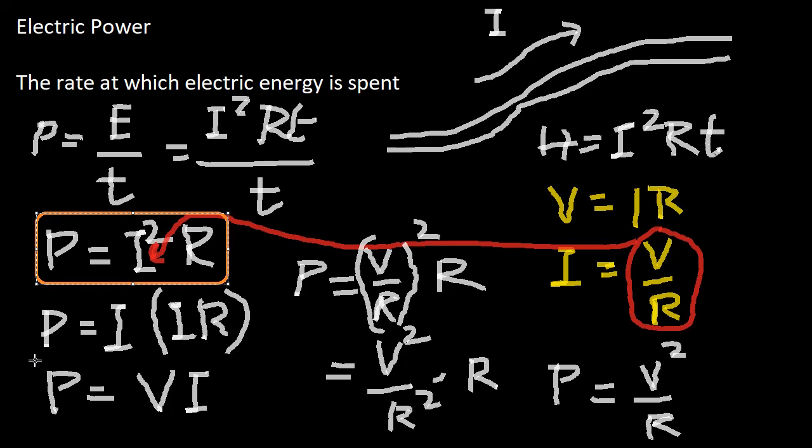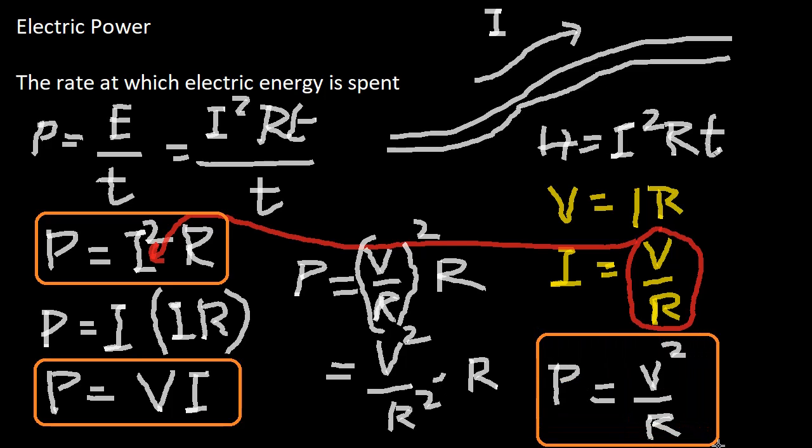The second expression is P is equal to V times I. The third expression for calculating power is P is equal to V squared by R. These are the three expressions you should keep in mind while solving numericals for power. We'll come back in our next video to discuss some numericals involving the power of a device.